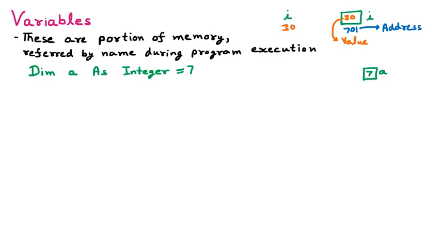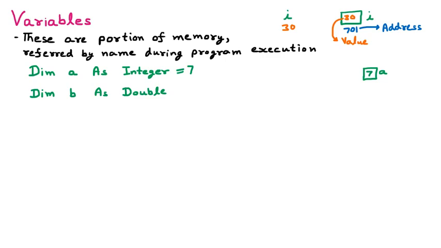Now let's say I have to define a Double variable. Double means we want a floating point value, let's say 7.9, which is a floating point value. We will simply write Dim, which is for dimension or declaration. So declare B As Double. Double is for floating point values.